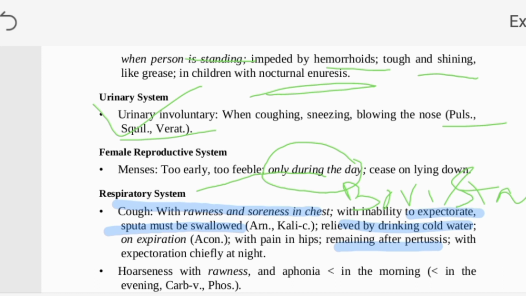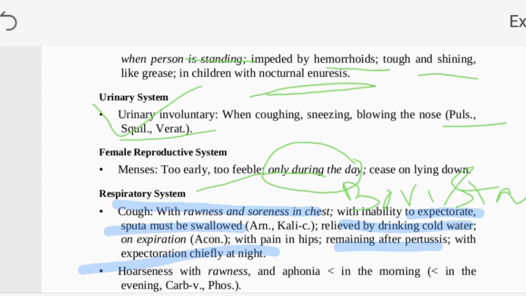Always remember cough location, sometimes at night, sensation as if soreness in the chest with rawness, expectoration scanty, and amelioration by drinking cold water, like Cuprum.